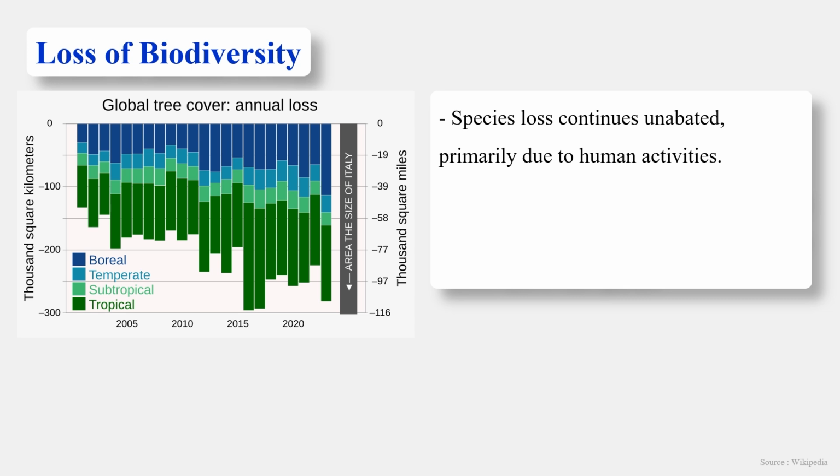Right now in this video lecture, let's discuss the loss of biodiversity, what type of species come under the extinct category, and what we can do to protect the biodiversity present on our planet. So loss of biodiversity means species loss.